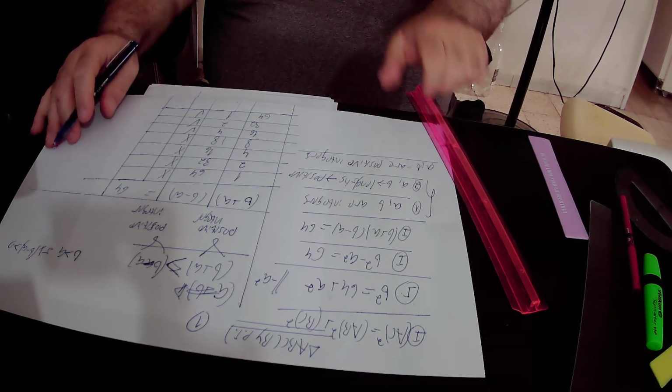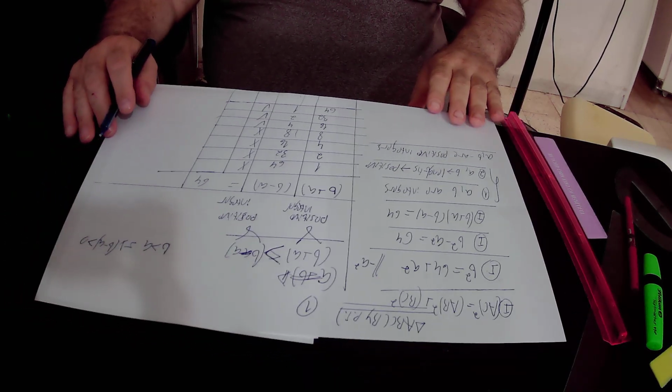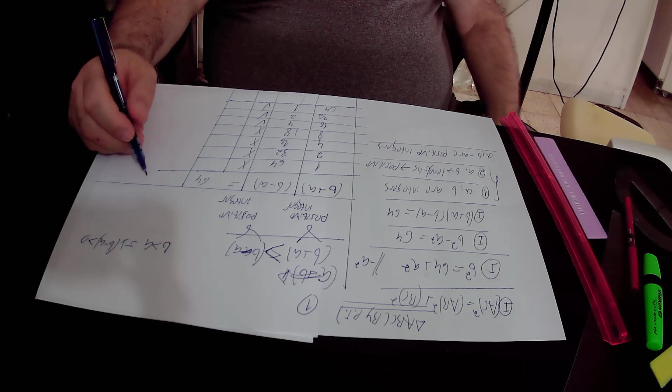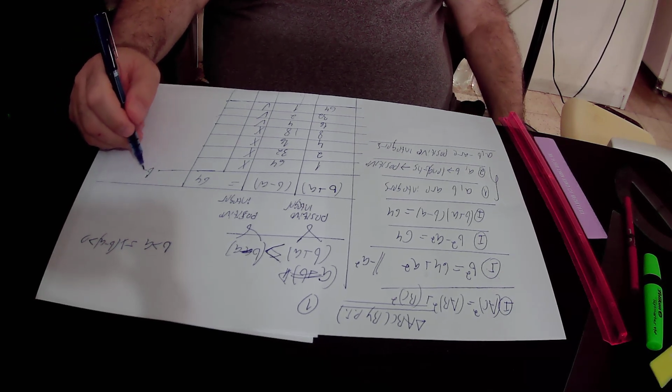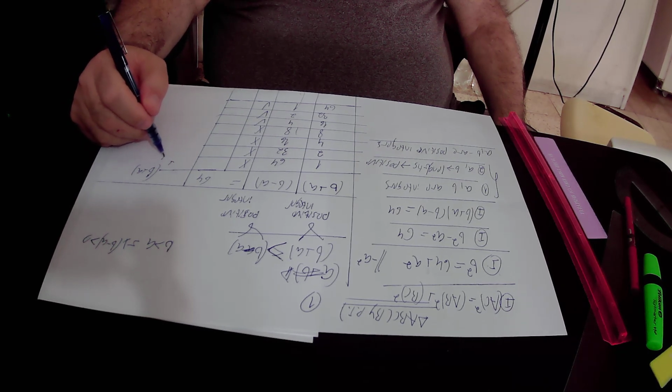In the next step, we'll add the two numbers together in order to find out the result. That is to say, we'll add b plus a to b minus a, and we'll see what the result is.